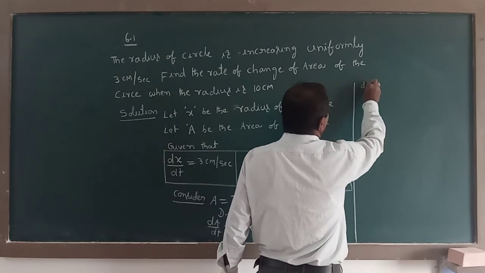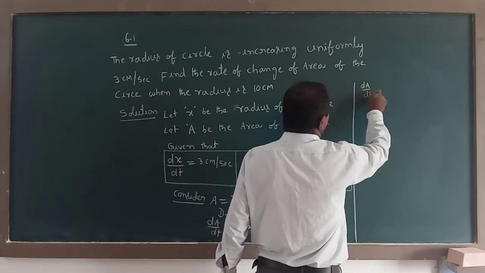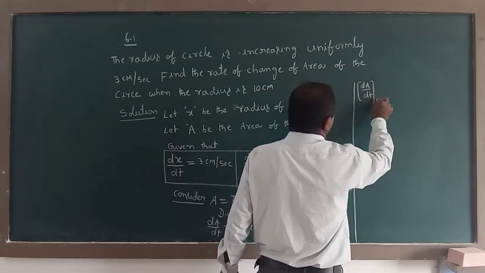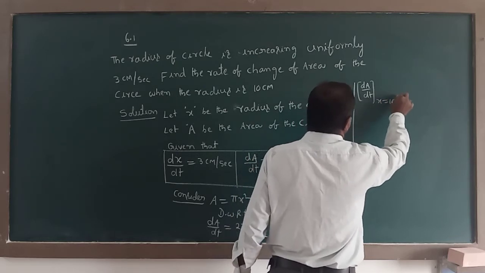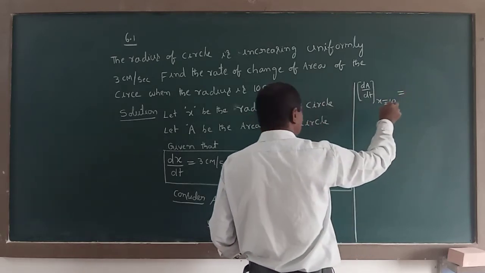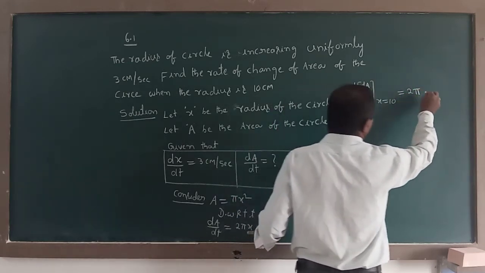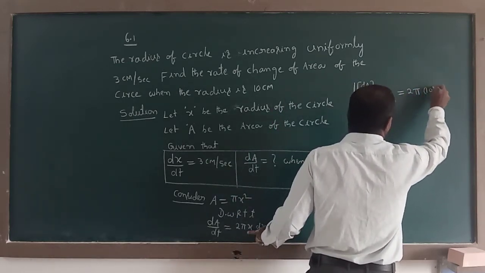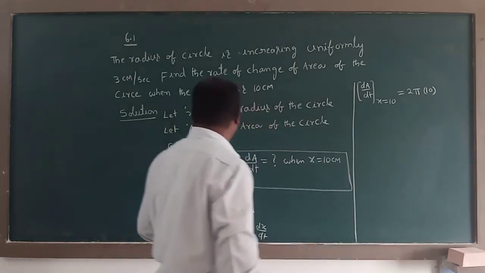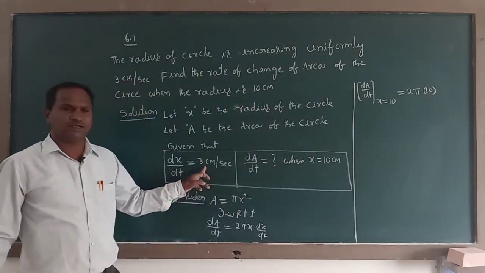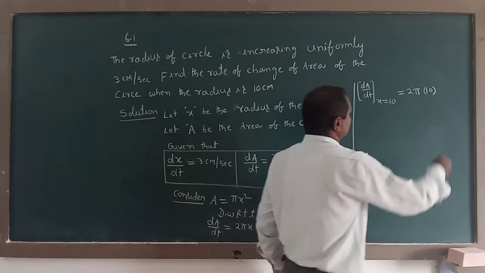That is dA by dt when x is equal to 10 centimeters is equal to 2π into, instead of x we must take 10. Already dx by dt they gave in the question, that is 3.